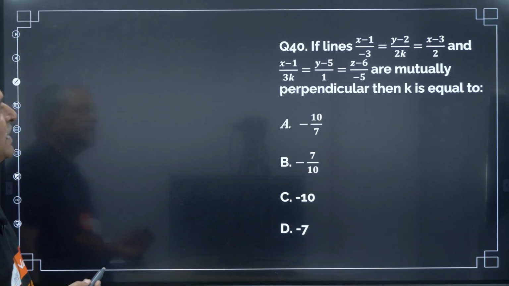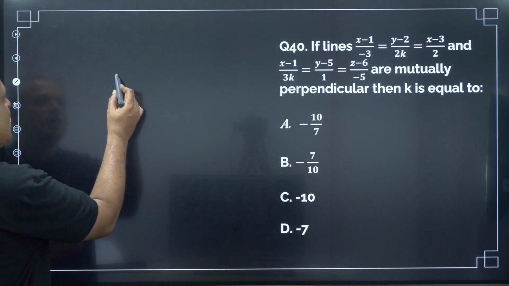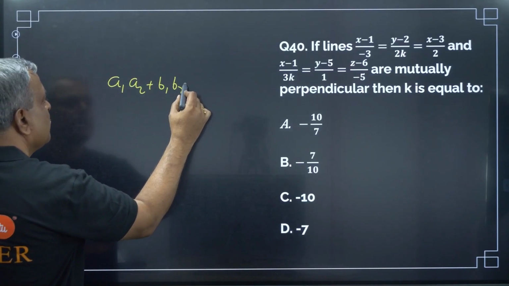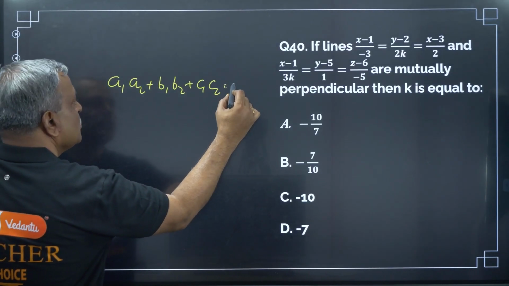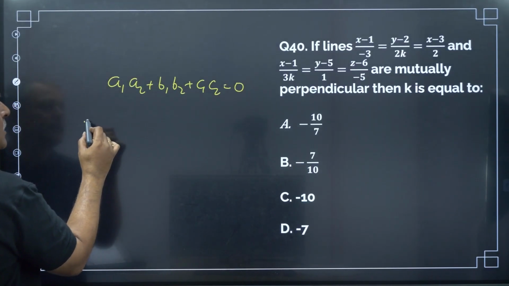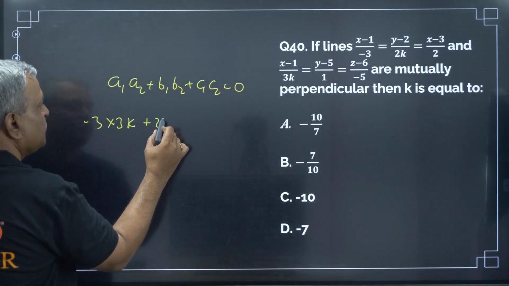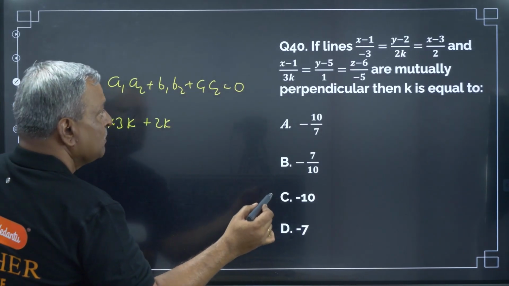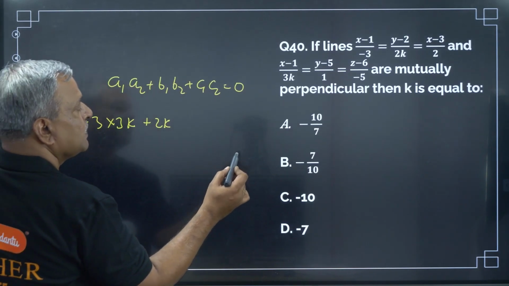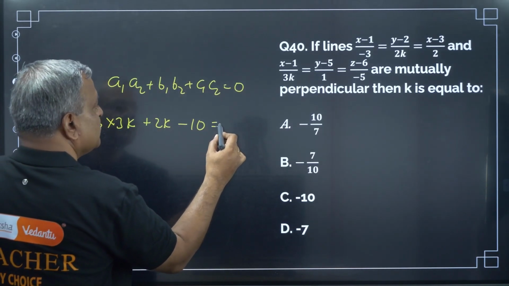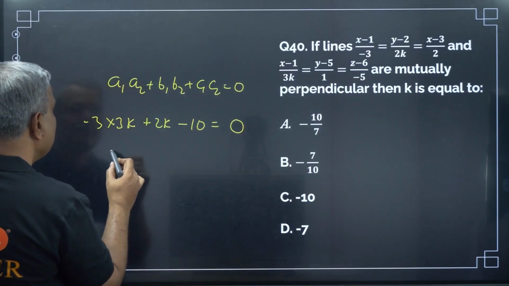Okay, if these two lines are perpendicular to each other, the concept is A1 A2 plus B1 B2 plus C1 C2 is equal to 0. You get minus 3 into 3k plus 2k, here plus 2k, and this is equal to minus 10 is equal to 0. So you get how much?